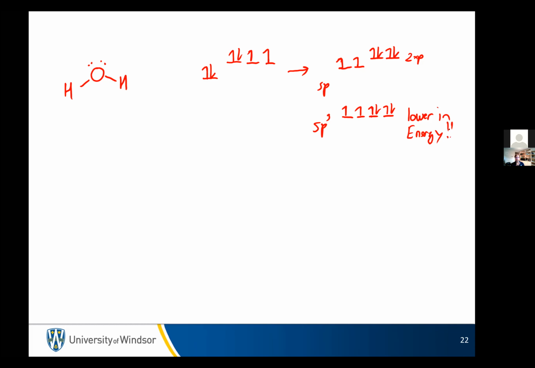It's lower in energy because we've lowered the energy of those 2 lone pairs down. And so the overall molecule is lower in energy.